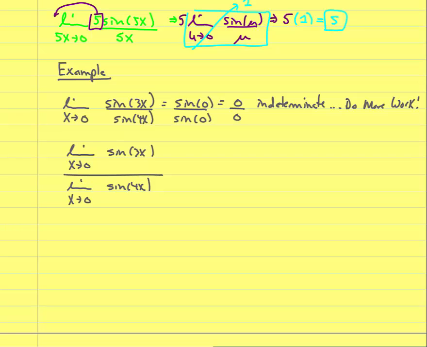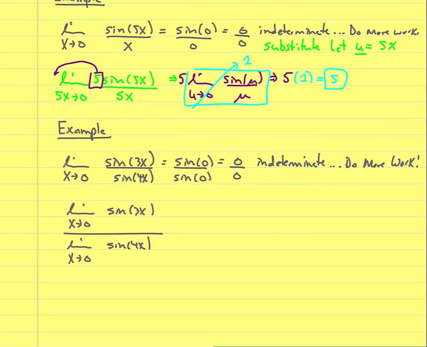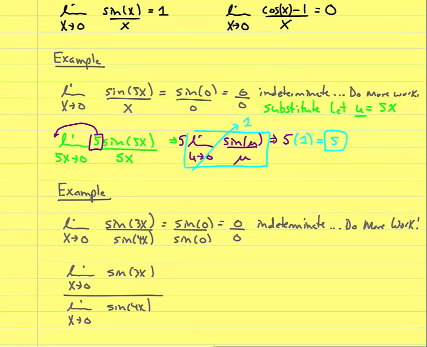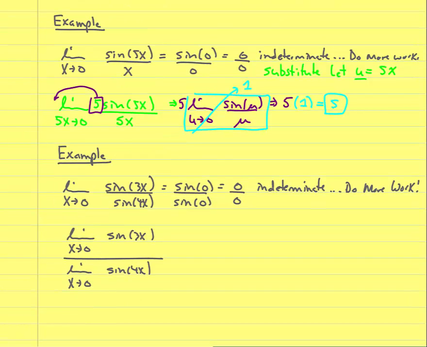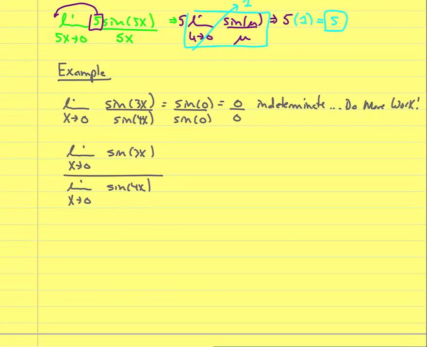This is a limit rule that we learned back at the beginning of the class. We've already determined that this was an indeterminate form, and I want to make this look like the sine of x over x, or the sine of u over u. So I can go ahead and use that fact for that trigonometric limit to help us out here.